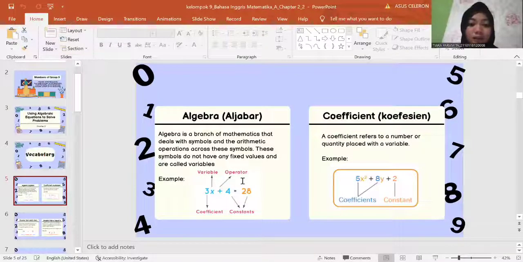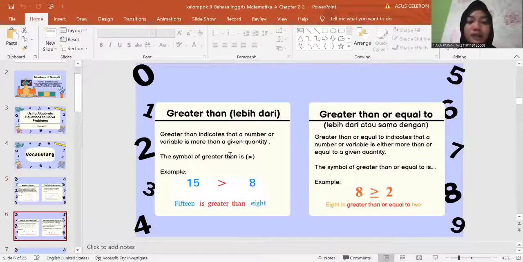Okay, the next vocabulary, 3, greater than. Greater than indicates that a number or variable is more than a given quantity. The symbol of greater than is shown here.